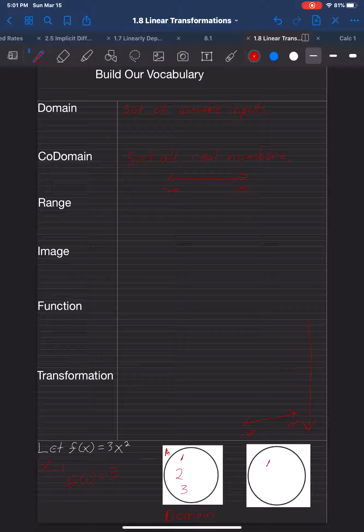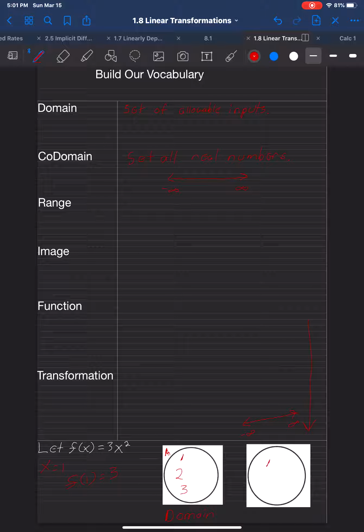Now, that doesn't mean that, based on the function that you have, based on the definition, the rule, the function, the transformation that you have defined, you can reach every single number in the real number system, right?